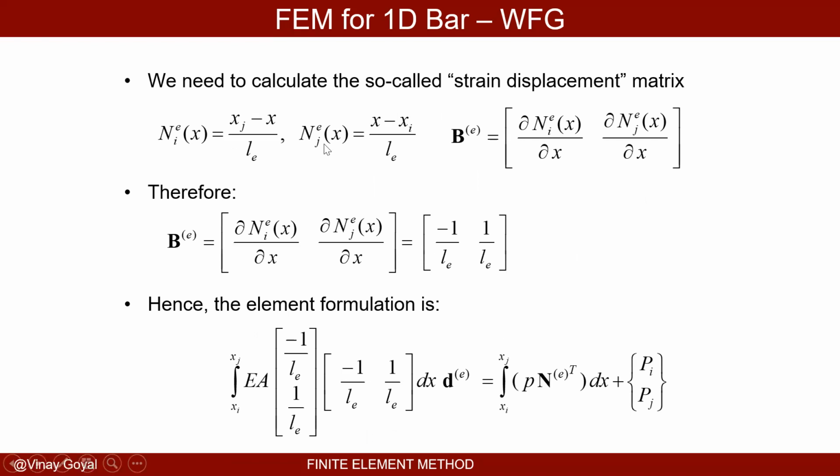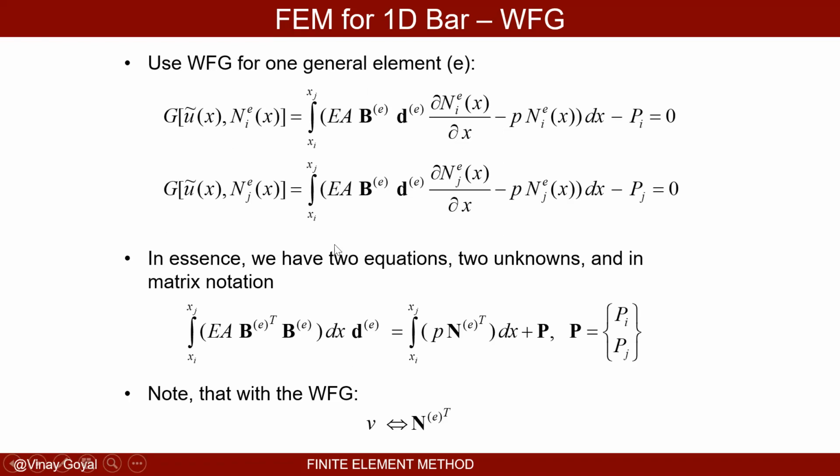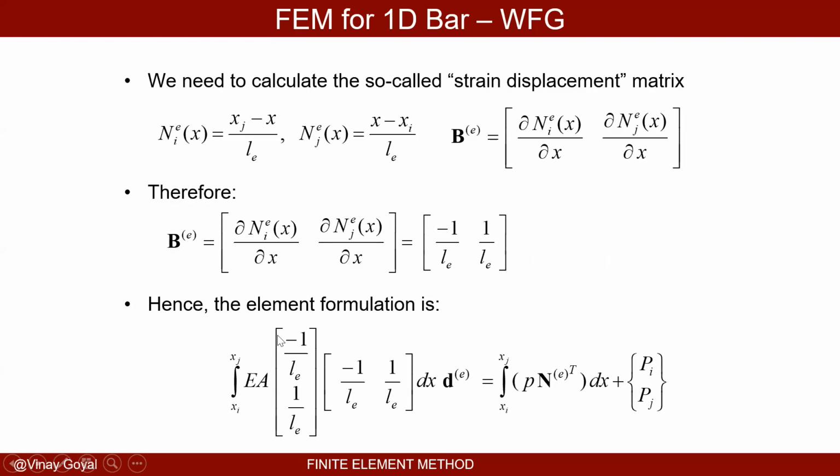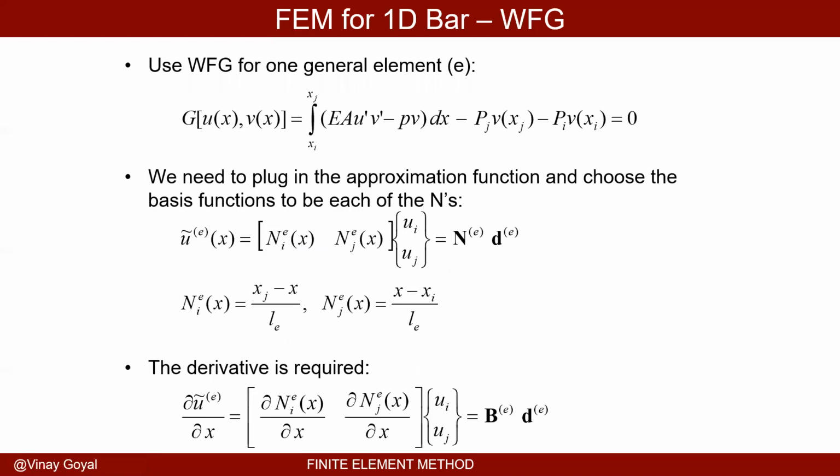So I have Ni and Nj. One of the things I have to calculate here is B bold. You see that there. So let's calculate B bold. B bold is this. I know the derivative of Ni with respect to x, I can calculate that. That's minus 1 over LE. I can do that. The derivative of Nj with respect to x, that will be 1 over LE.